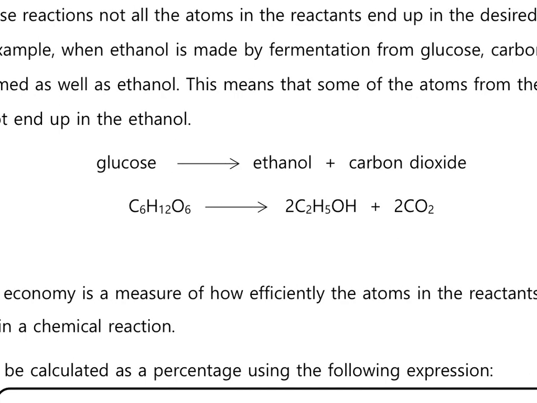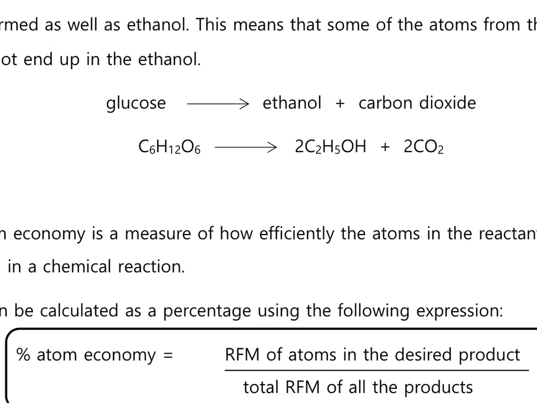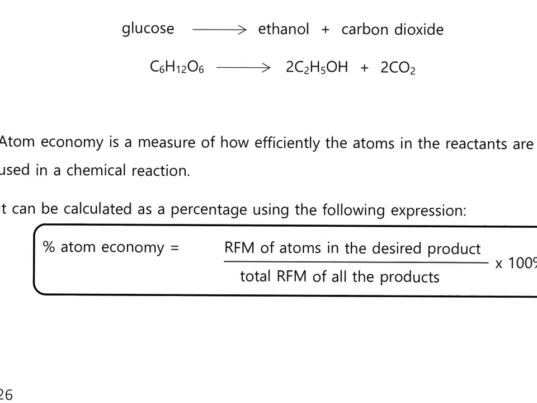Glucose, when it undergoes fermentation, you will know that it produces ethanol and it produces carbon dioxide. Which do you think is your useful product there? The ethanol, okay? But not 100% of your atoms are converted into ethanol. Some of them escape off as carbon dioxide. And what these calculations will allow us to do is to work out how efficient the reaction is in terms of the atoms.